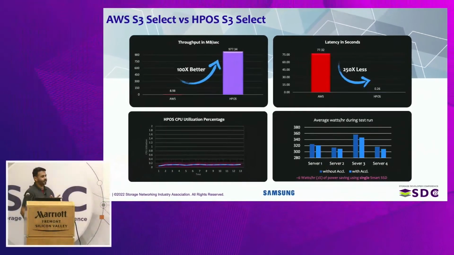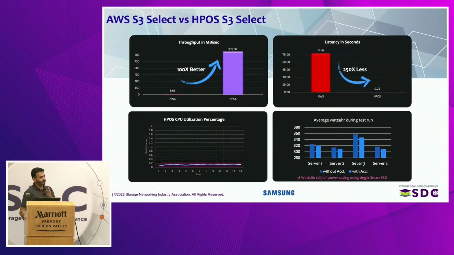But the key point is, with the smart SSD, where you're not moving the data over the NVMe fabric as well as the PCI fabric, it does give you significant improvement in throughput and latency. In this case, with this data set, the throughput is the amount of data you have processed within the time for that particular query, between AWS S3 versus HPOS.